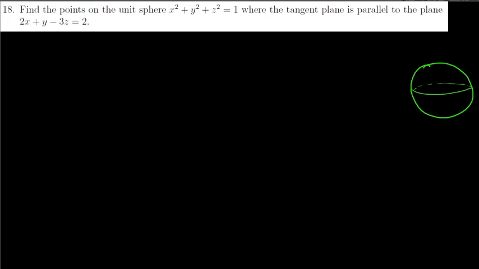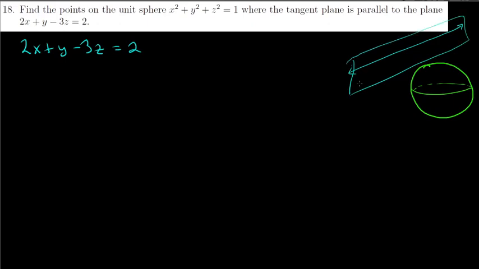So the plane is 2x plus y minus 3z equals 2, or minus 2 equals 0, doesn't matter, right? So that plane, that might be over here somewhere, right? So pretend this is a plane just coming out of the board, right? I mean, it does have, right, it's two-dimensional.